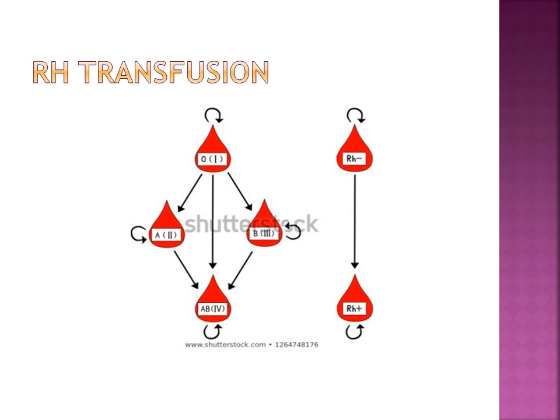From Rh negative to Rh positive is accepted, since the Rh negative person doesn't have the antigen, while the Rh positive person will not have anti-Rh either. And transfusion from Rh negative to Rh negative is accepted since there is no antigen Rh in the donor.